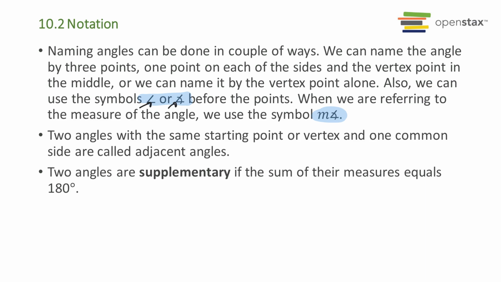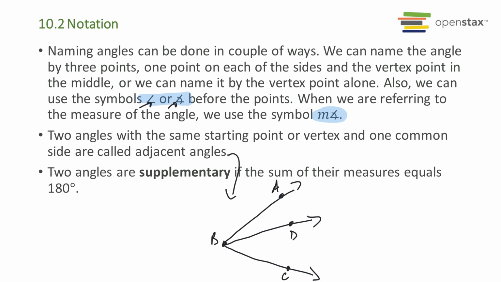Two angles with the same starting point or vertex and a common side are called adjacent angles. Let me give you a picture example of that. Let's say we have this picture, and we'll say this is A, B, C, and then D. These two angles, angle ABD and angle CBD, are adjacent angles.